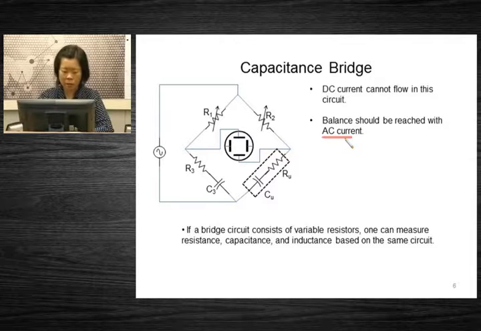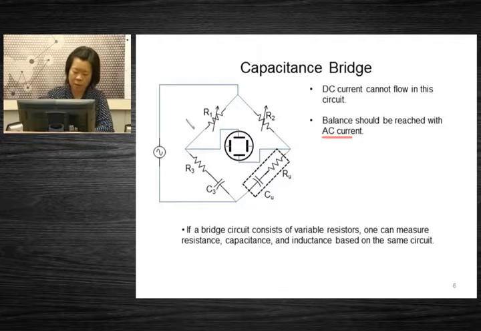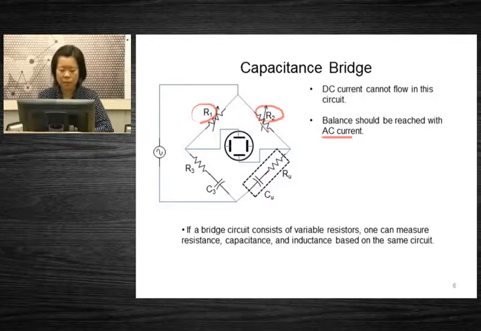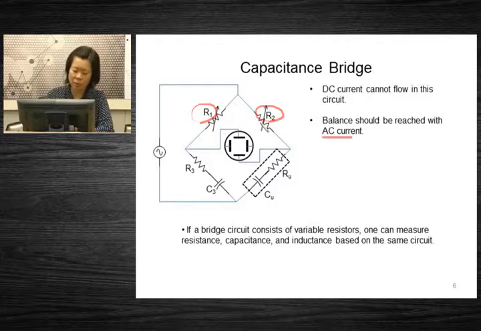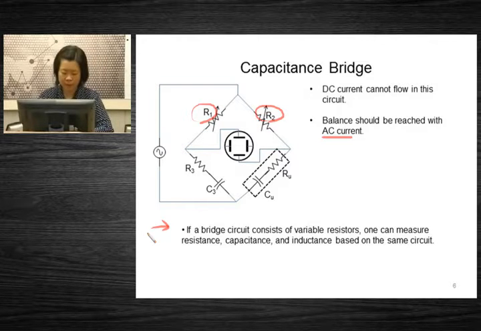Then let's look at this circuit. In this circuit, I use the notation such that the R1 or R2 resistors are the variable resistors. This is one way to use the bridge. There are other ideas too. I'm not going into details here because it will be too boring for you. Let me just mention one idea before I go to the next slide.